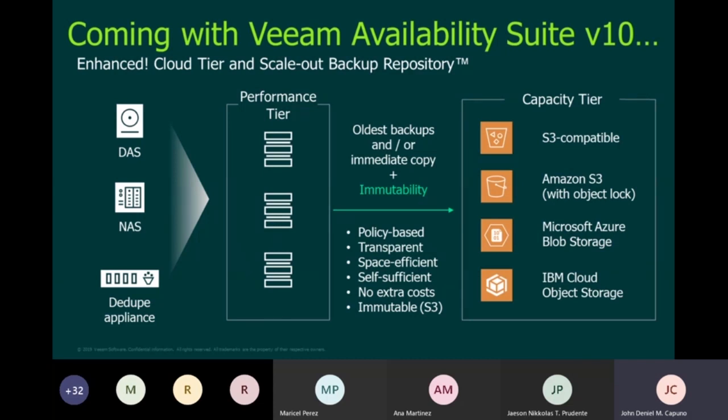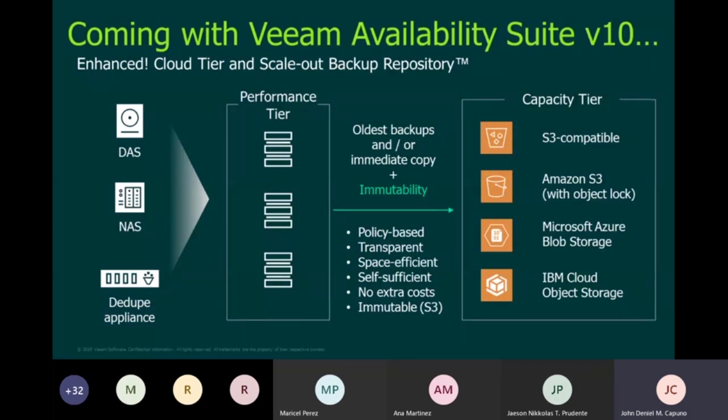So what does this mean? Once we put object lock on the data in Amazon S3, which is the oldest version of data that we have on-prem, it means nobody can delete or make changes to the data inside Amazon S3 that has object lock.